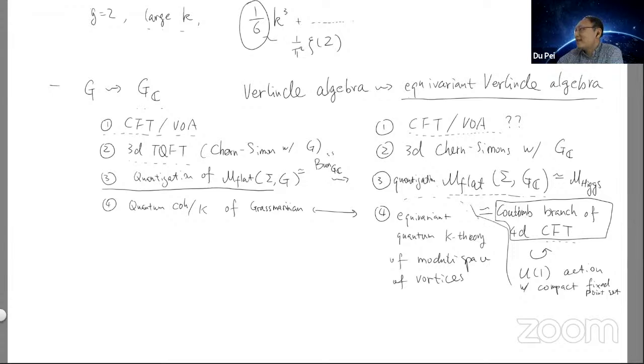I will also focus on a special class of four-dimensional CFTs that have some interesting properties, and their Coulomb branch actually encodes some information for a certain modular tensor category that is not obvious from the start. So let me end here.